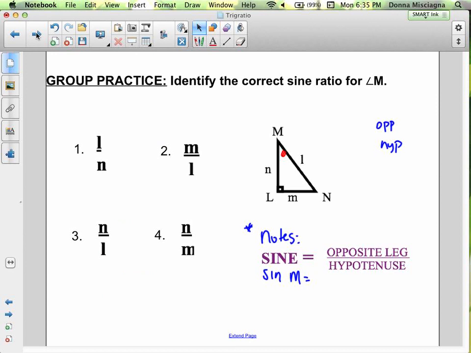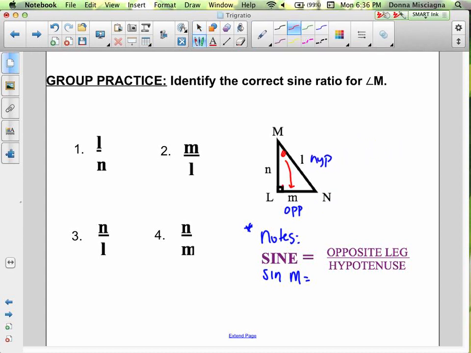So let's take a look at this one. This one's in your notes. Sine is the opposite leg over the hypotenuse. We want to know the correct sine ratio for angle M. Across from angle M is side M. So that's the opposite side. It's opposite angle M. And then, of course, the hypotenuse is always opposite the right angle.